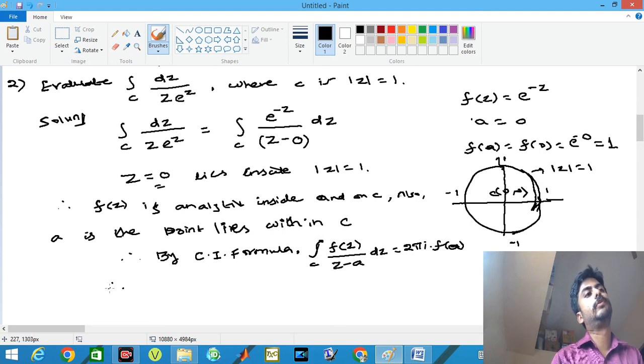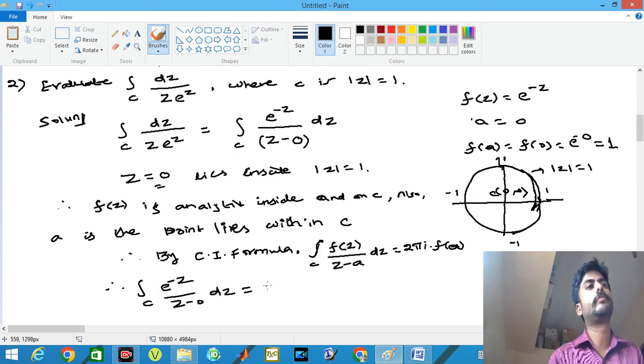Therefore integral over C e power minus z by z minus 0 dz equal to 2 pi i into f of 0, that is equal to 2 pi i into 1, that is equal to 2 pi i.